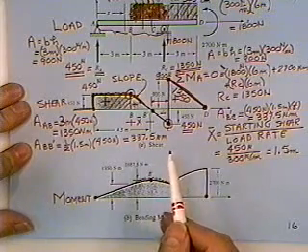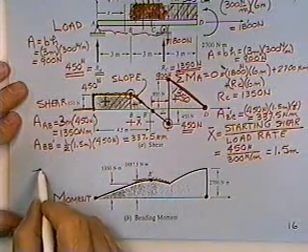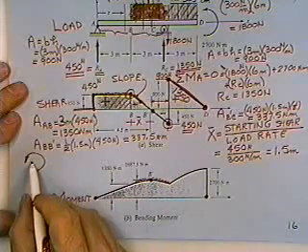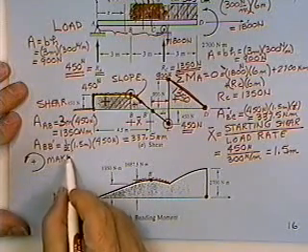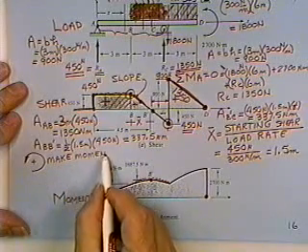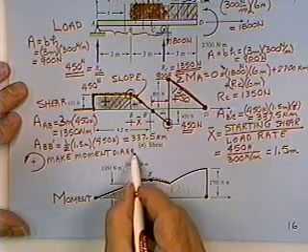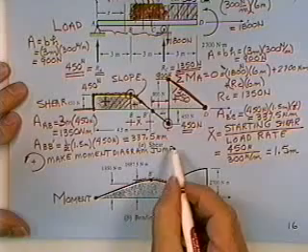I mean, there's a very firm and fast rule, and that is that a concentrated moment that looks like this makes the moment diagram jump down.